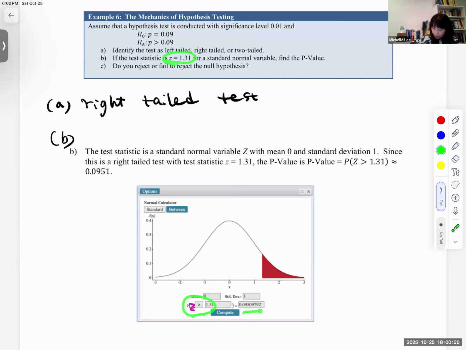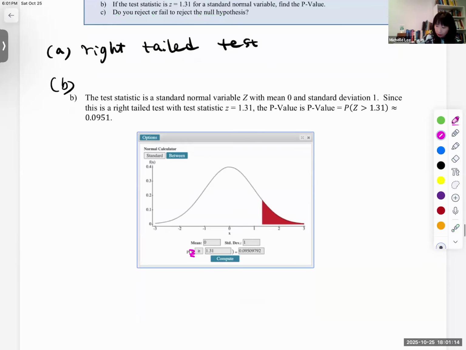And then what's the probability? Since it's the right tail, we are using the inequality greater than or equal to, and the probability is 0.0951. Do you reject or fail to reject the null hypothesis? Let's find out.